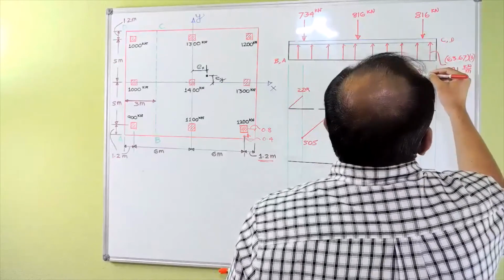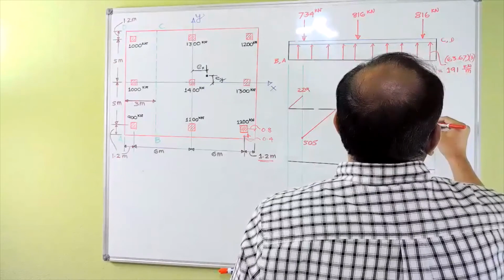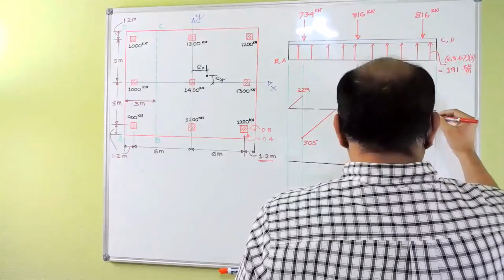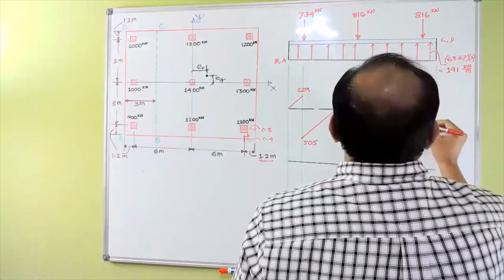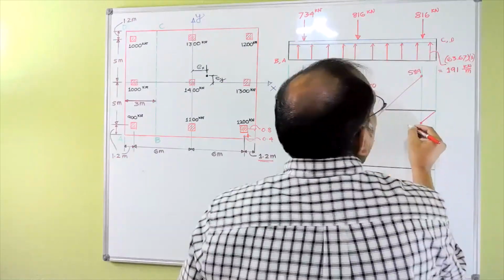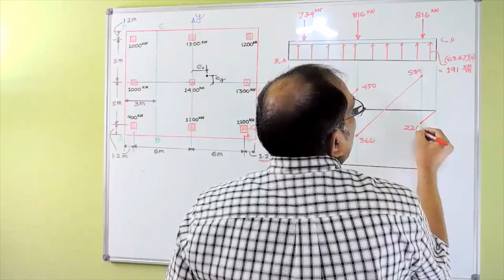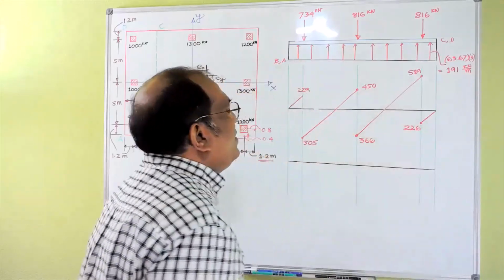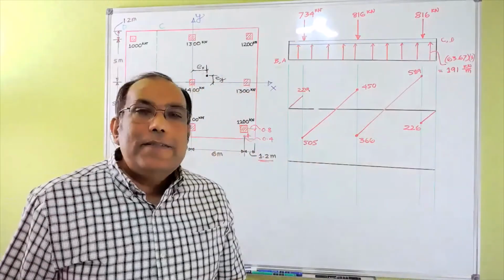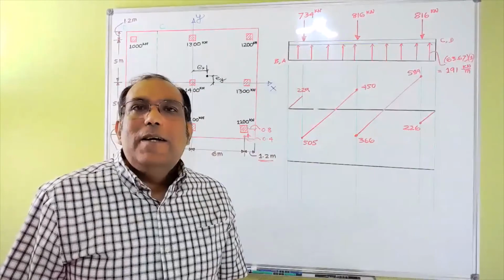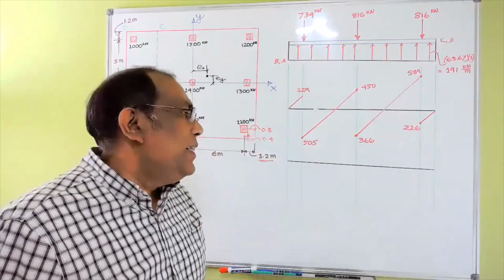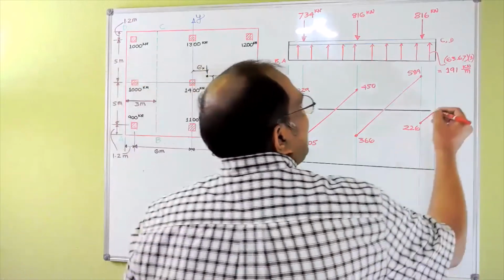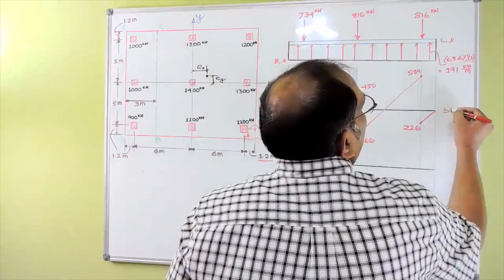And then there is a big jump here, and this one goes back to here. So this one is basically 226. Okay. So that's the way your shear force diagram works.